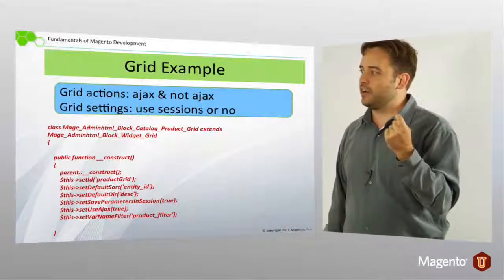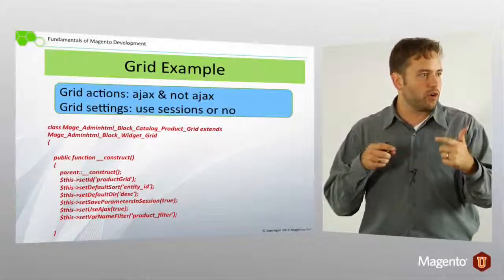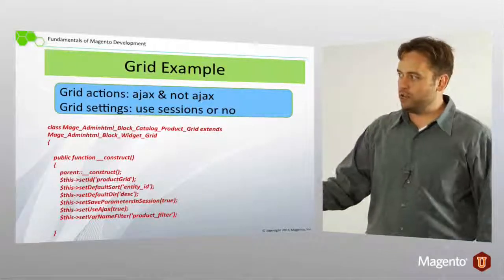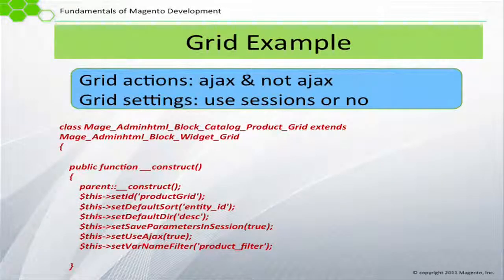The key thing is that in order to use Ajax for our grid, we just simply call set use Ajax. So make a new action, and for the layout for our new action, just refer to our single block and not the entire content node that we've been specifying. We'll see what that looks like in a second.